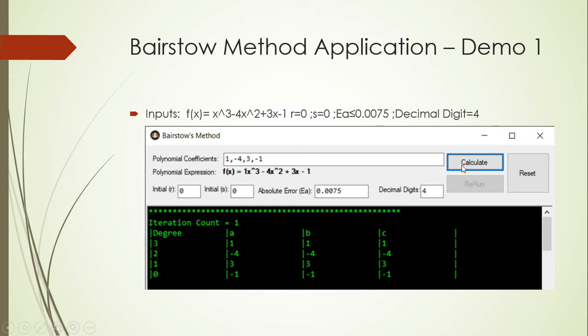Once we click calculate, it will show us the first iteration, having a0 equal to minus 1, a1 equal to minus 3, a2 equal to minus 4, and a3 equal to 1, which are all equivalent to b and c. b0 to b3 and c0 to c3 are all the same.